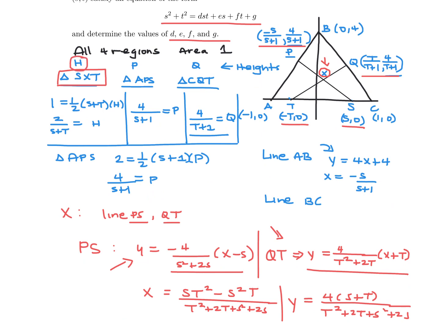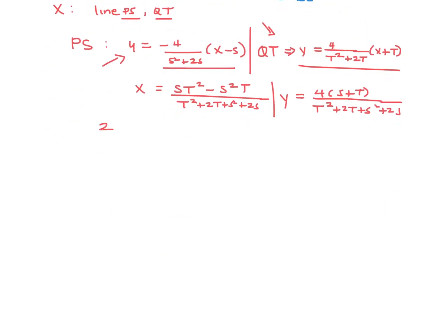The height is basically the y-coordinate of X. I know that's a confusing statement, but it's the y-coordinate of this point that I have called X. That is what h is. So 2 over s plus t is the y-coordinate of that point X. Now the y-coordinate is right here. So 2 over s plus t is equivalent to 4 times s plus t all over t squared plus 2t plus s squared plus 2s.